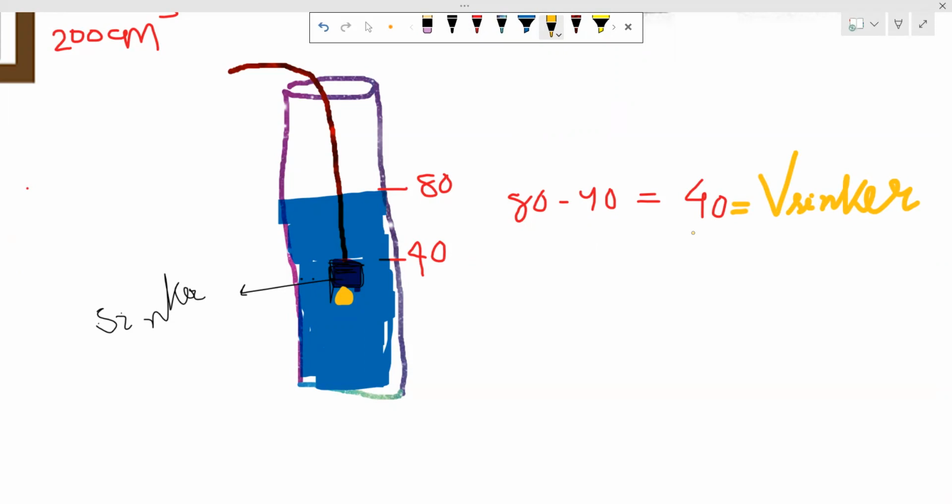Now, after tying the plastic to the sinker, the level of water increased to 100. The water rose to the 100 mark. Initially, how much was it? It was 80. How much did it rise to? It rose to 100.